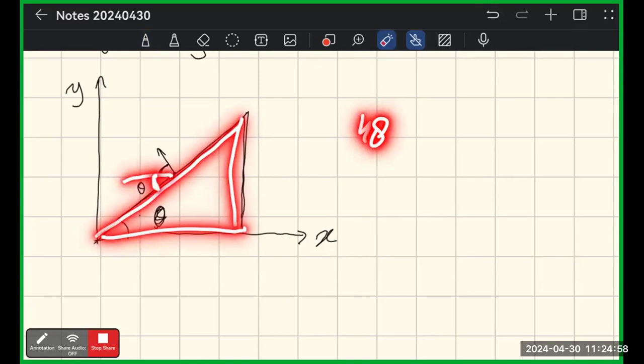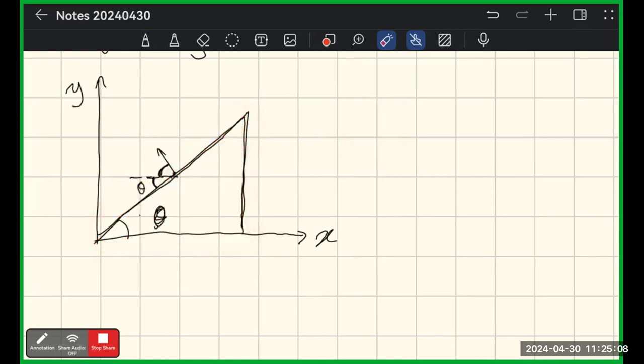If this is 48, this is also 48, and this has to be 90 minus 48, which is 42. But this angle looks very similar to that angle, so it's very hard for you to track.